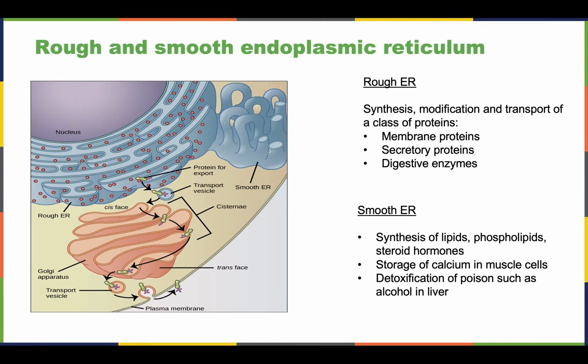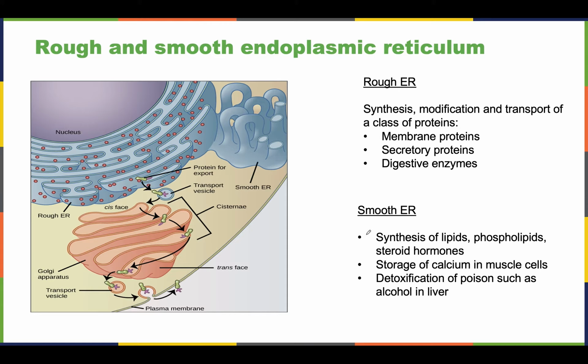The smooth ER, on the other hand, does not have studded ribosomes on it, which implies correctly that it is not involved in protein synthesis. Smooth ER performs many other functions that are very important, and its function varies depending on the type of cell.